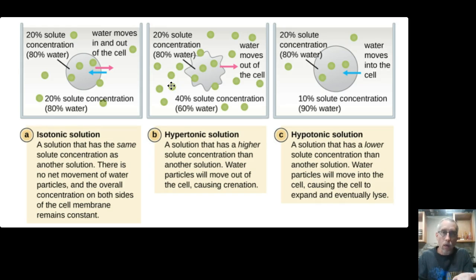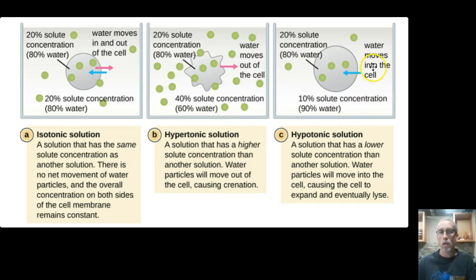Now, what is that concentration going to be? Well, it depends on how much solution you have and how big your cells are and how many cells you have. Again, that's too much detail to worry about here. But this is something that doctors and nurses, some of you may want to work in the medical field someday, you have to understand that, because there's a constant sort of a balancing act happening within living things. So we call that hypertonic. Too much is hyper. Too much solute in our solution.